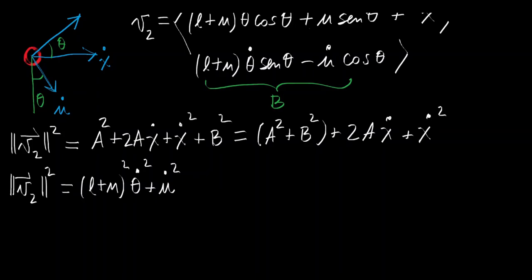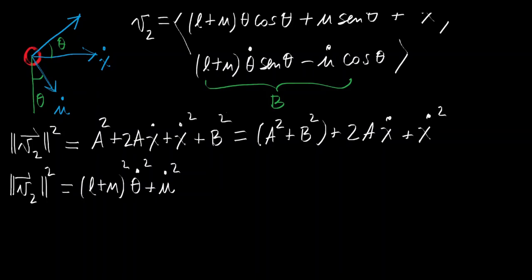And if you look closely, the double products will also vanish. We will have 2 times this u dot sine theta, which will vanish with this minus 2 (L plus u) theta dot sine theta times u dot cosine theta.